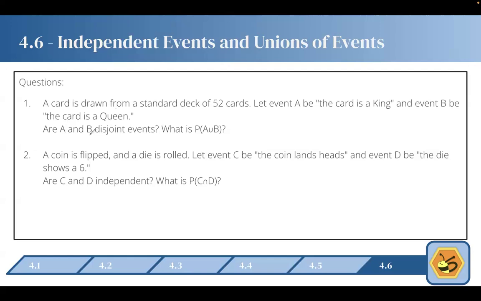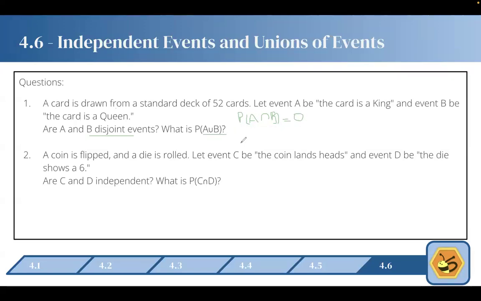So that would mean that they are indeed disjoint events, which then means that the intersection is going to be zero. Remember, that's what disjoint means.